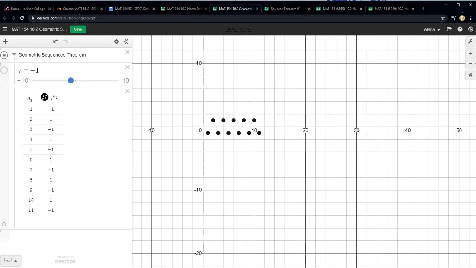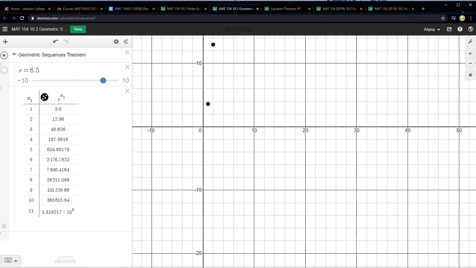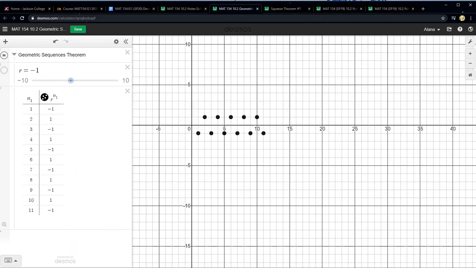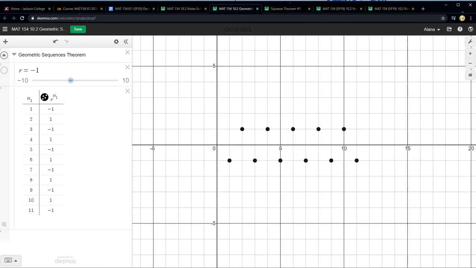So those ones are kind of special, right? But once r is anything larger than that, then whoa, you got trouble. -1 actually is so interesting. We're gonna look at that one some more. So let me put it back at -1 and let me zoom in again, and we'll talk about that.